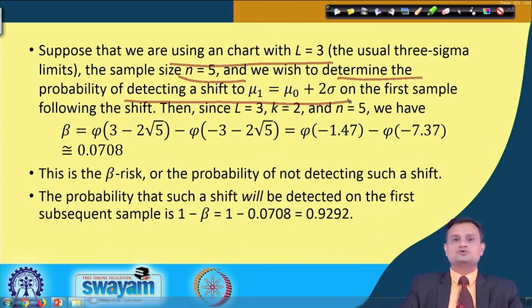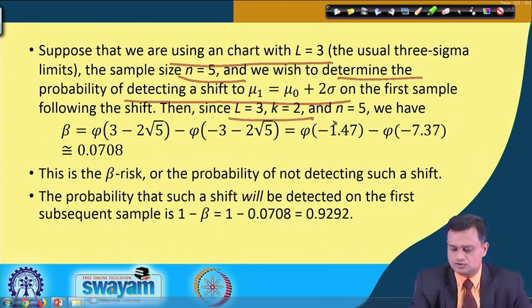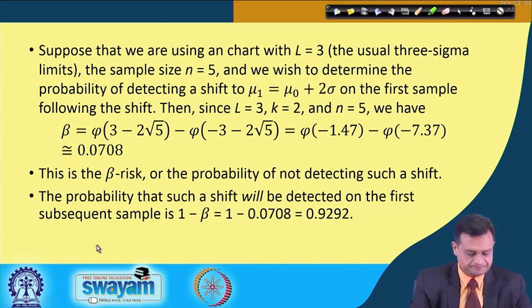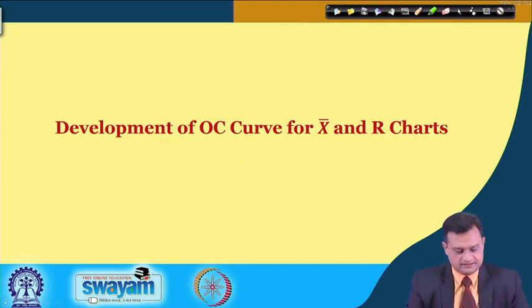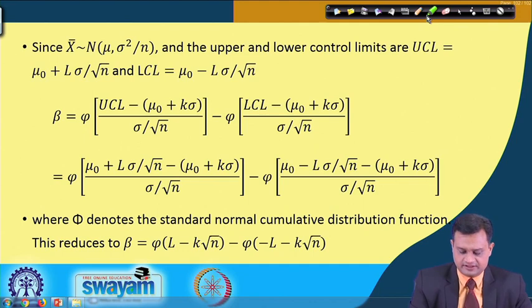So I want to check the potential discriminatory power of my control chart in detecting this kind of shift. So I have L equal to 3, k equal to 2, n equal to 5, and just see in this expression what you need: you need L, you need k, you need n, and I have all three values available.